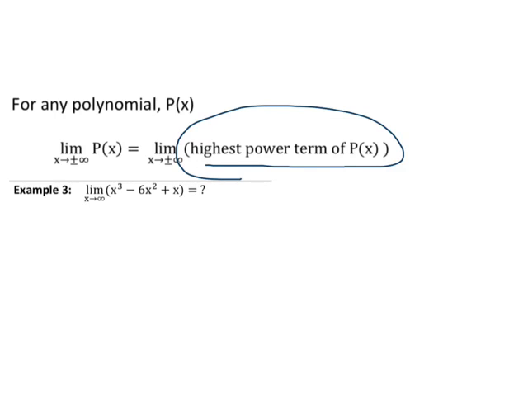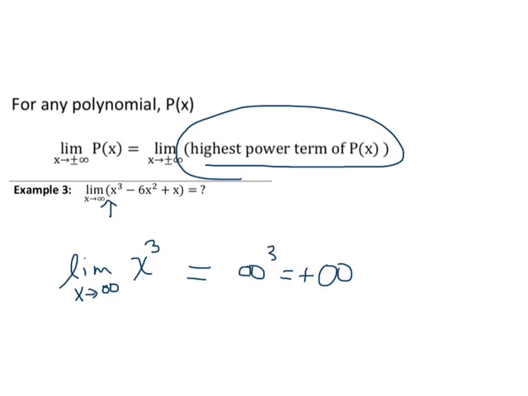What's the highest power in this polynomial? It's x cubed, and that's the one we were just looking at. So in essence, all we have to do is take the limit as x goes to infinity of x cubed. And again, we end up with infinity cubed, which is just infinity. In this case, positive infinity. It's very important to make this distinction.